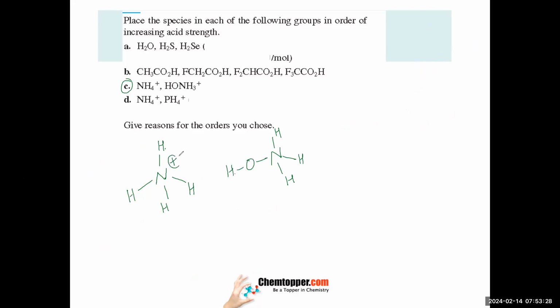There is a positive here, there is a positive here. In which case is your hydrogen more acidic? Can you circle the acidic hydrogen here? Can you tell me which one is the acidic hydrogen? Any one of these? Any one of these 4?